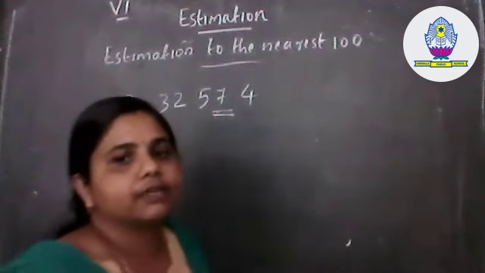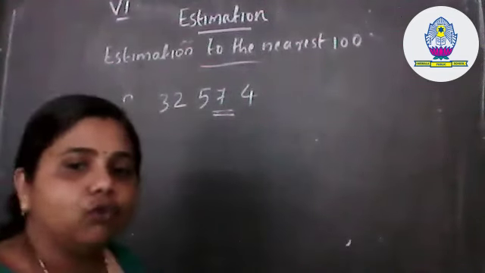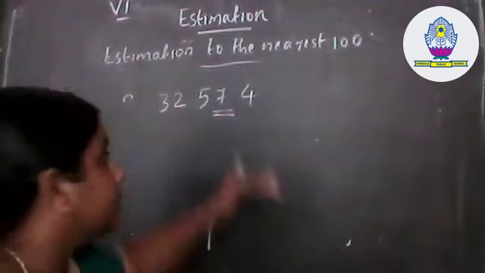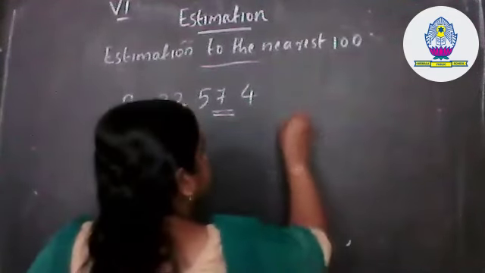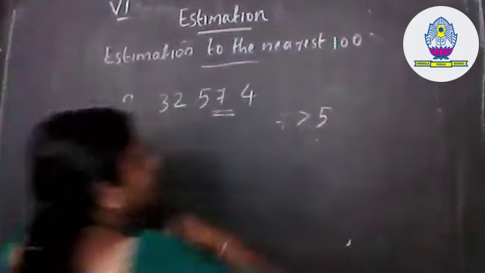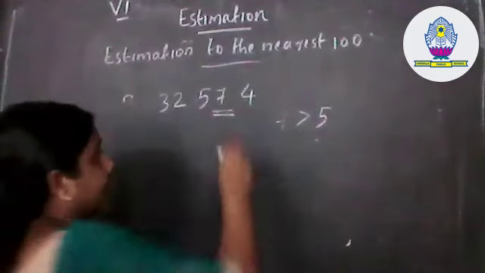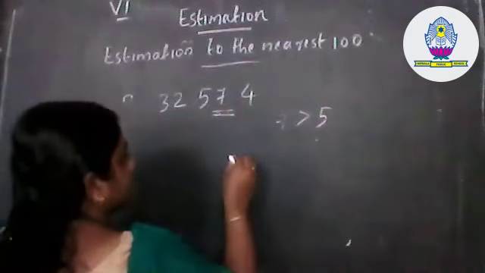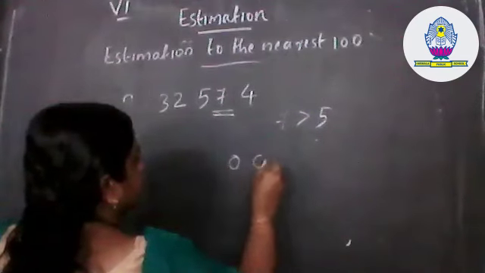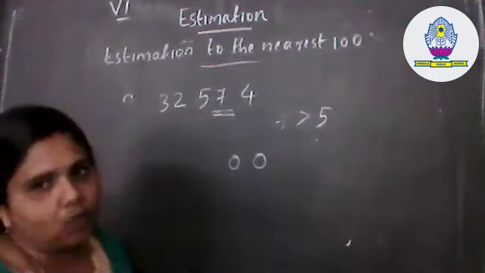Check what number is in the tens place, and whether it is greater than 5. Here the number is 7, so 7 is greater than 5. So the last two digits are replaced by 0.